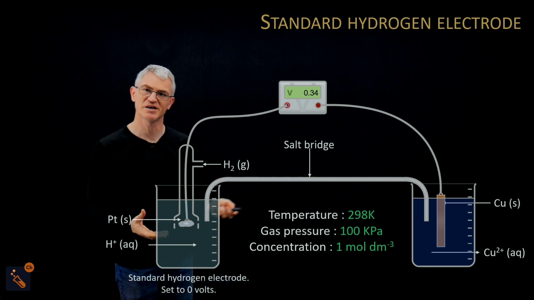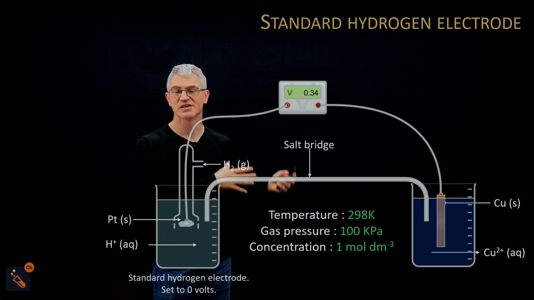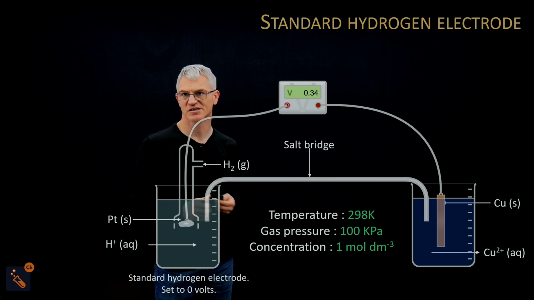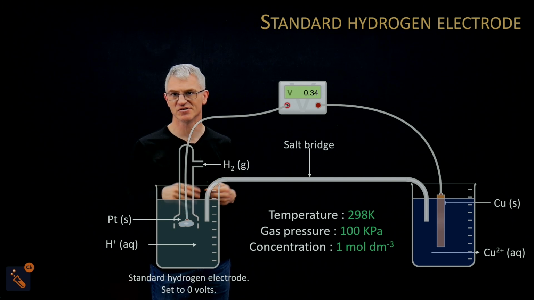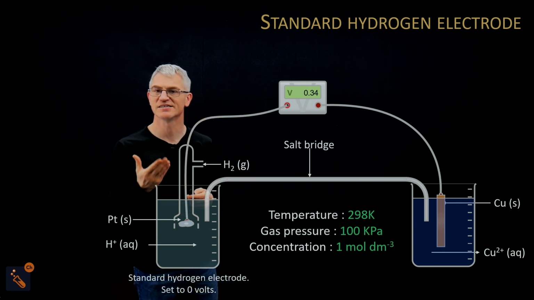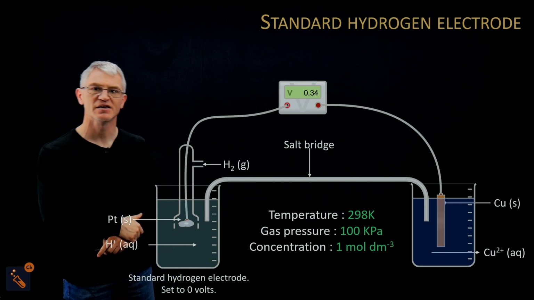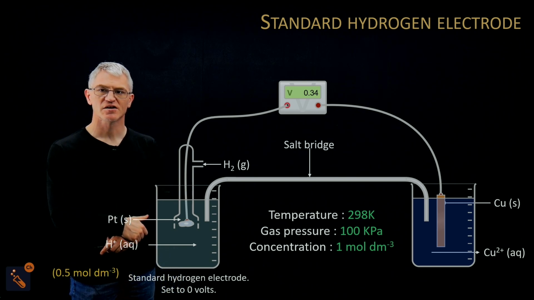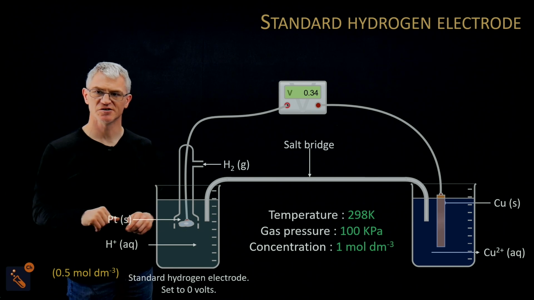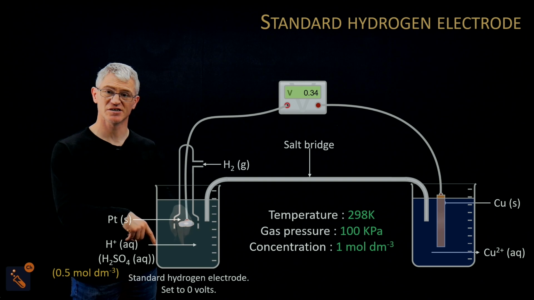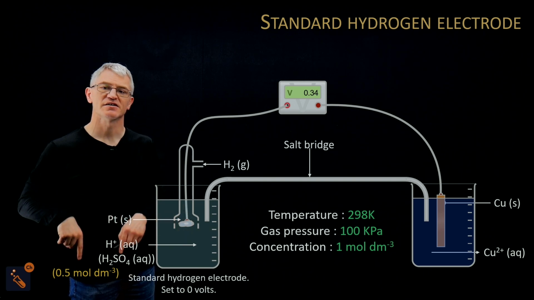So to measure what the half cells are on their own, the electrode potential on their own, we basically just stick it next to a hydrogen electrode, and whatever reads there is the actual electrode potential of the other half cell. Now, I'll mention this 1 mole per decimeter cubed again. If you have H2SO4 as your liquid here, to create your H+, that H2SO4 has to be 0.5 moles per decimeter cubed.